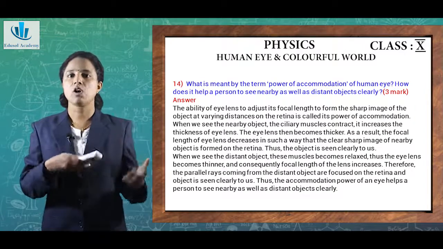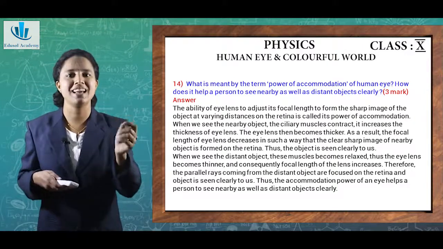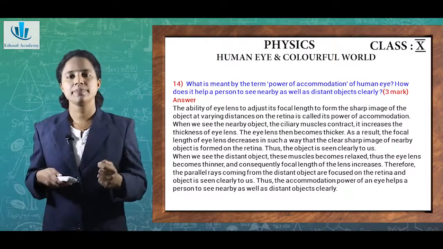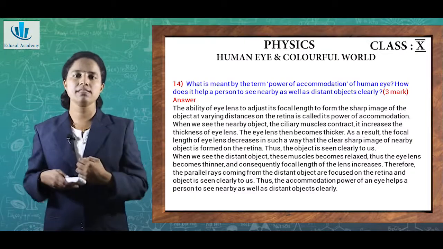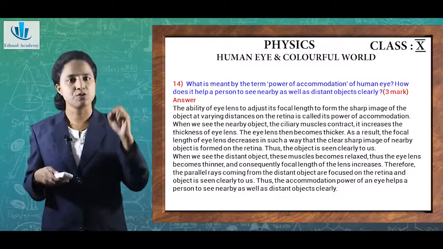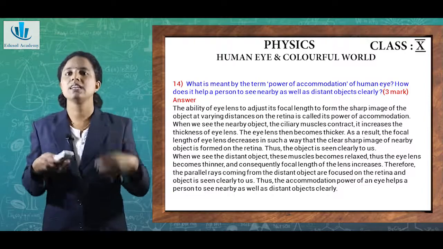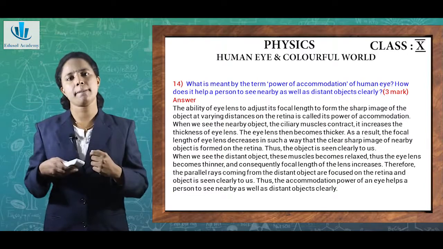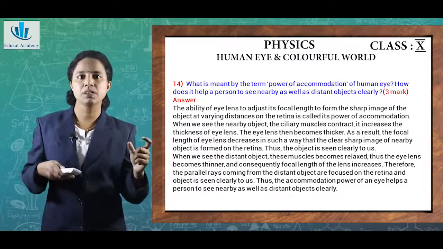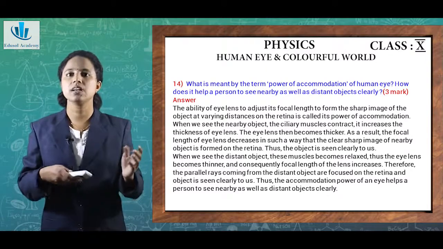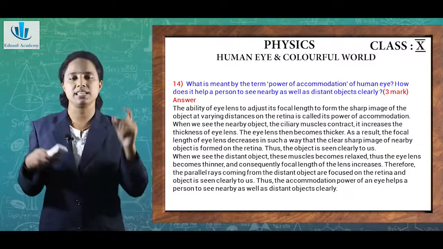To adjust the focal length, we need the help of ciliary muscles. Suppose when we see nearby objects, the ciliary muscles will contract and thus the thickness of the eye lens will increase. So, the lens becomes thicker and as a result, the focal length of the lens will decrease.